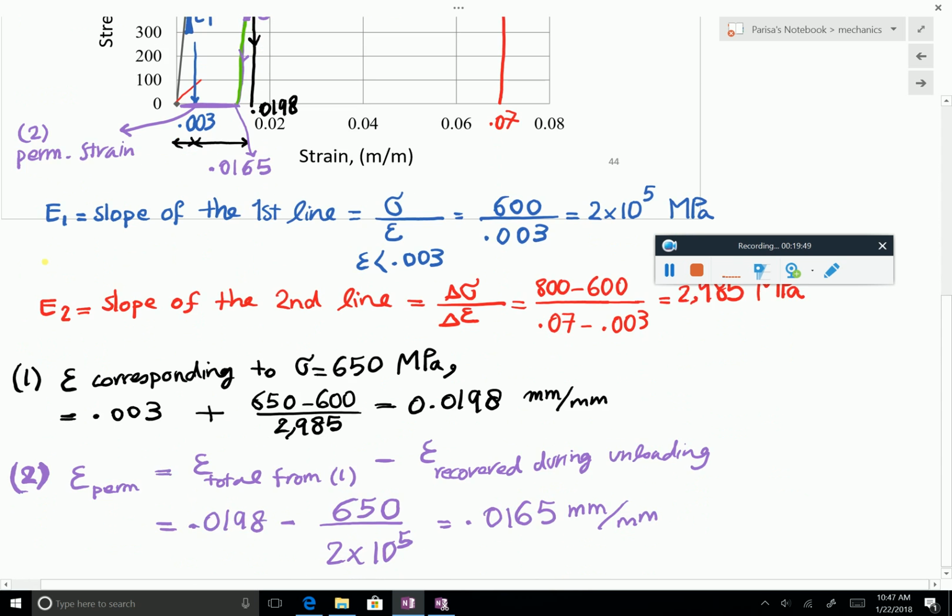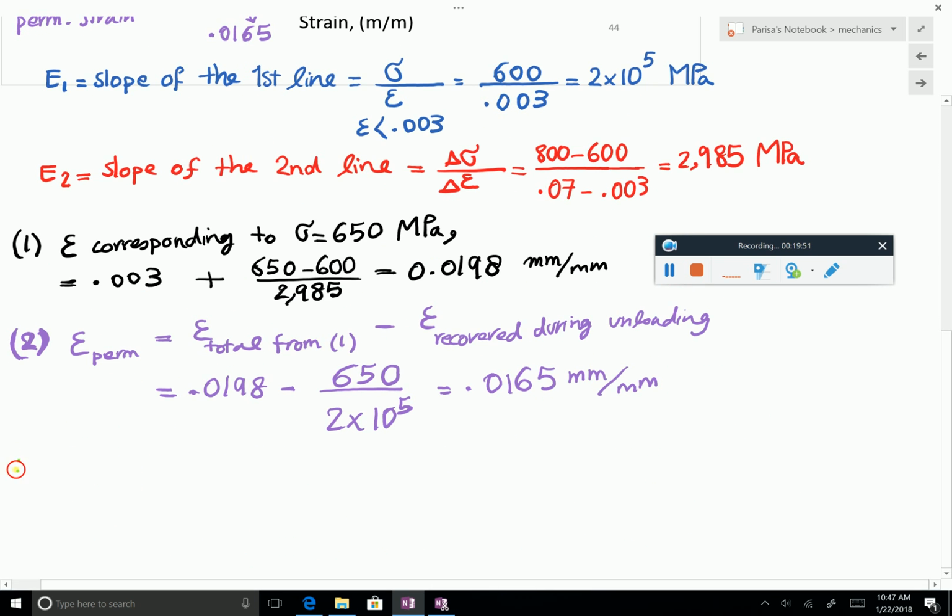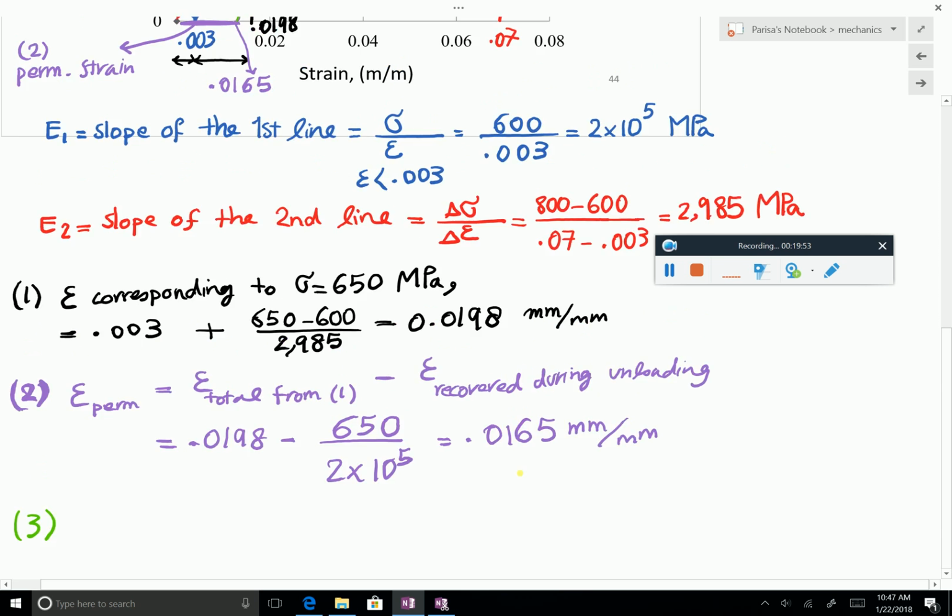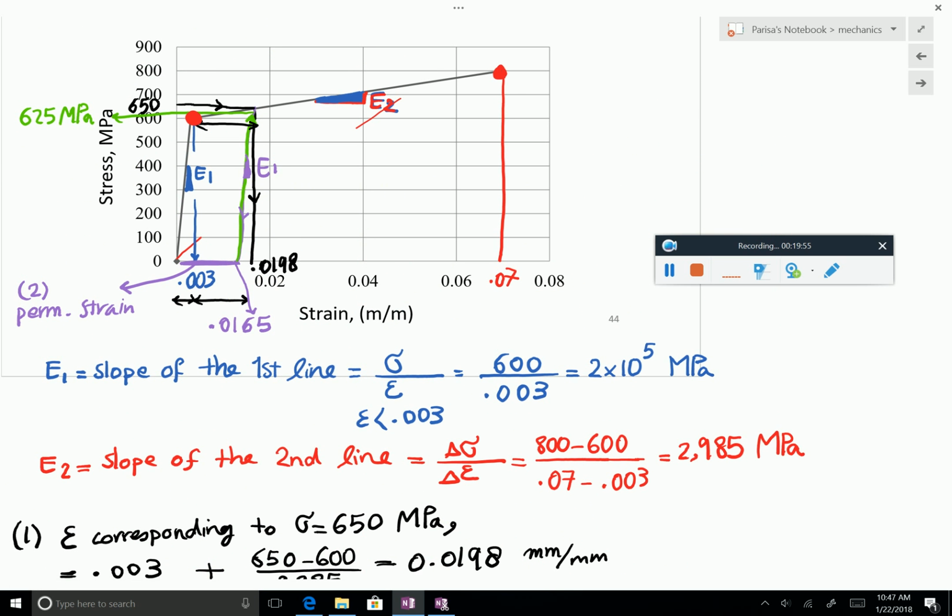This is simple, right? First of all, let's actually decide what type of a strain it is. What happens if I load it to 625? Is it elastic? Yes. Exactly.